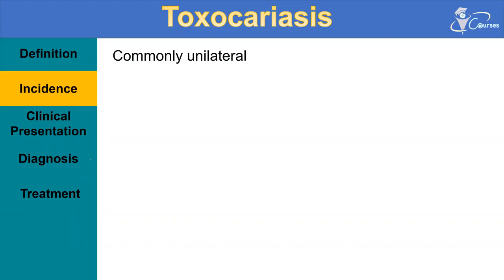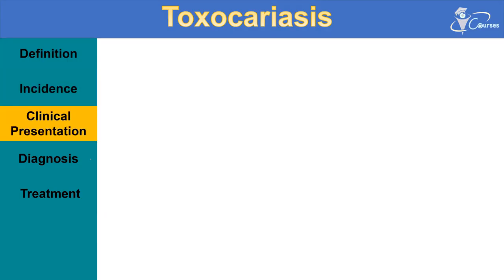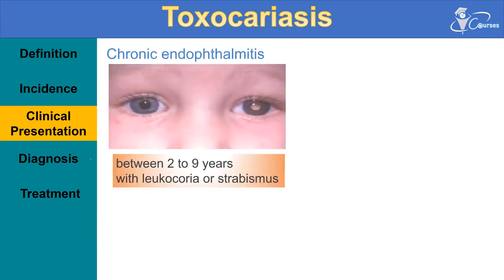The incidence is most commonly unilateral, and the clinical presentation will take different forms depending on the age. If it is present in the first years of life, like between 2 to 9 years, those patients will present with leukocoria or strabismus, with chronic endophthalmitis-like features.